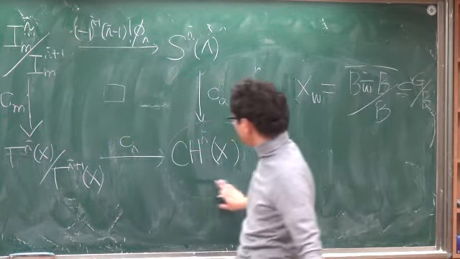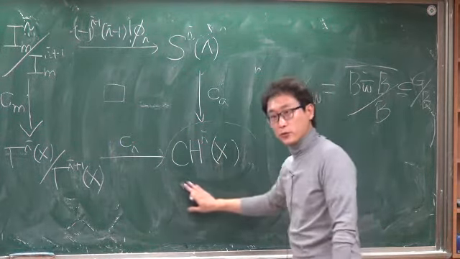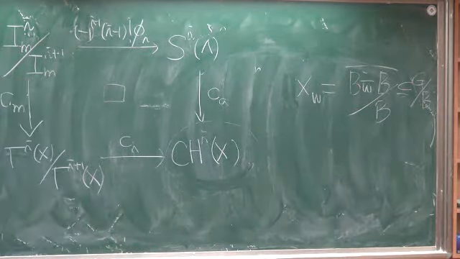So this group has no torsion. And using this commutative diagram, one has the following theorem.